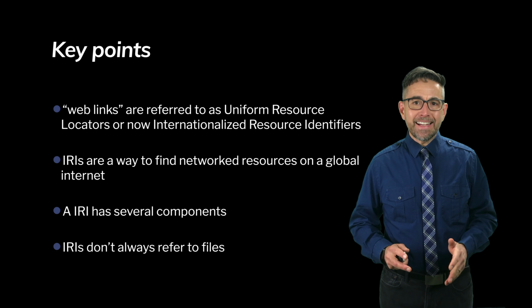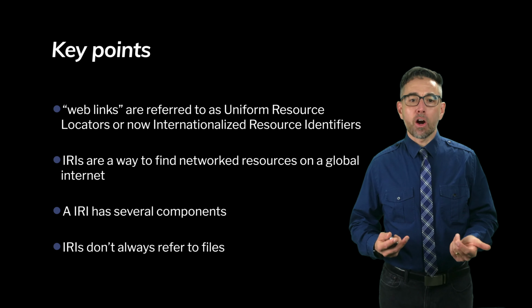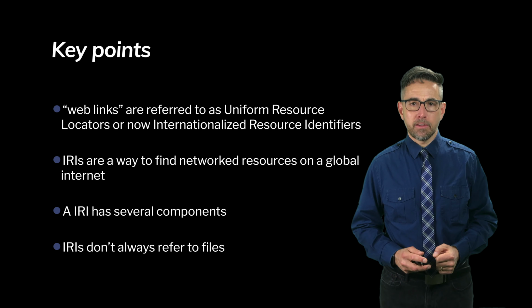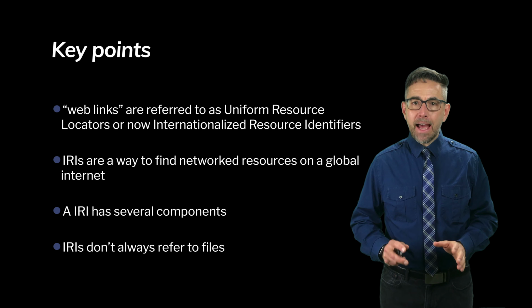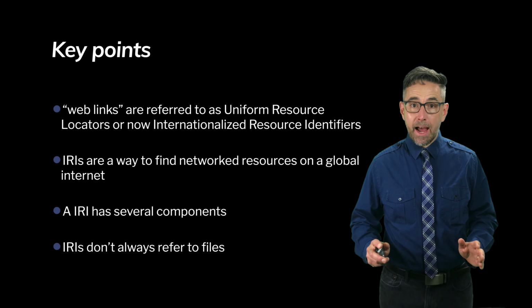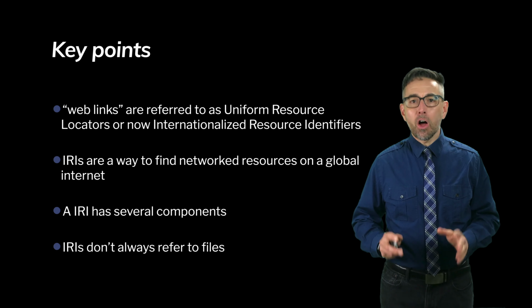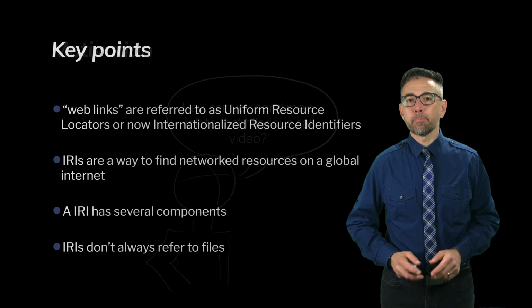What they are, at a high level, IRIs are a way to find networked resources on a global internet. An IRI has several components when you write it out. But IRIs don't always refer to files, although that's kind of the way that we think about them.